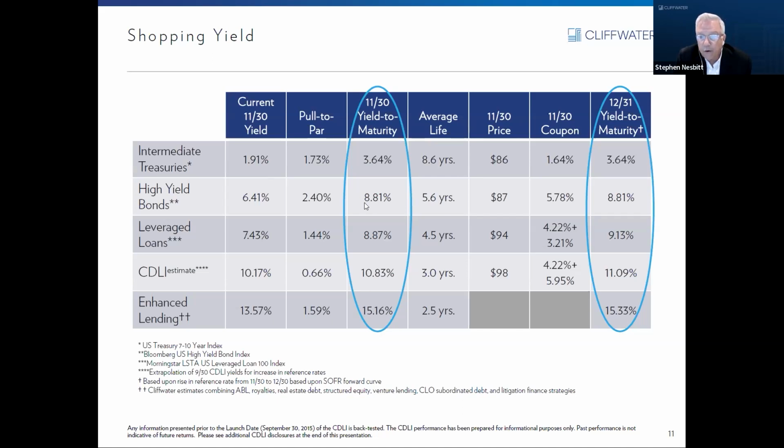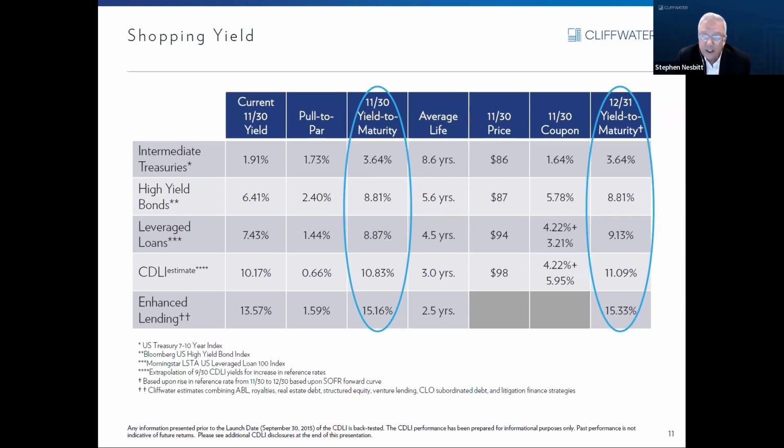In columns 4 through 6, these are backup columns. We wanted to show average life, price, and coupon on November 30. These are inputs for calculating pull to par. Finally, in the last column, we extrapolate yields from November 30, about a week ago, to December 31, based on future reference rates from the forward yield curve.